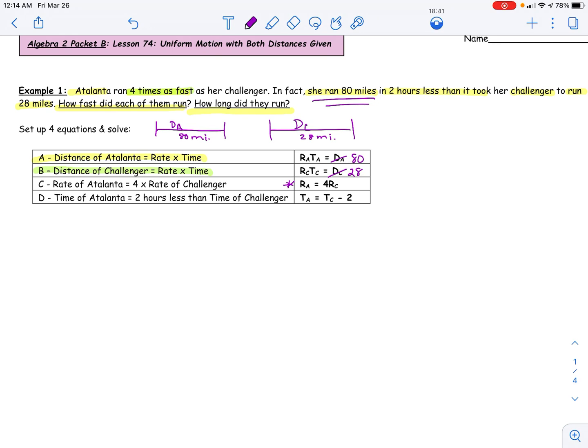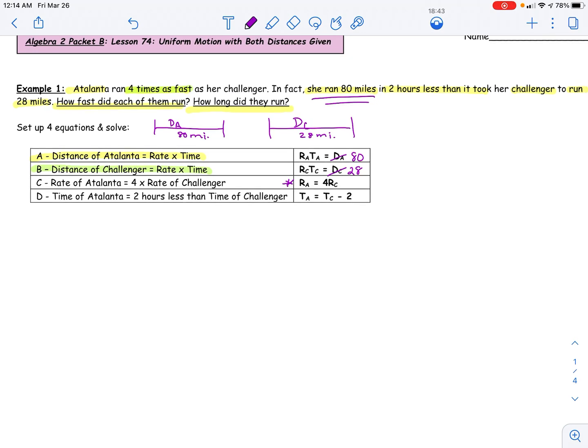So 2 hours less than the time of the challenger. So the time of Atalanta, look at equation D. The time of Atalanta was 2 hours less than her challenger's time. So that's how we get the challenger's time right here minus 2. That is how we figure out the time of Atalanta.